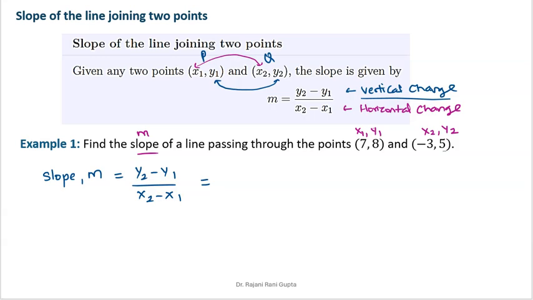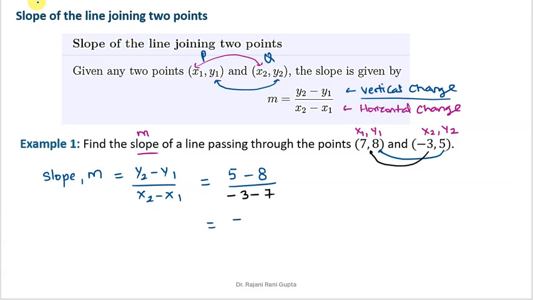Substituting the values, y2 is 5, minus 8, divided by x2, that is minus 3, minus 7.